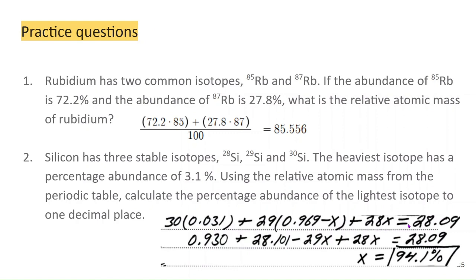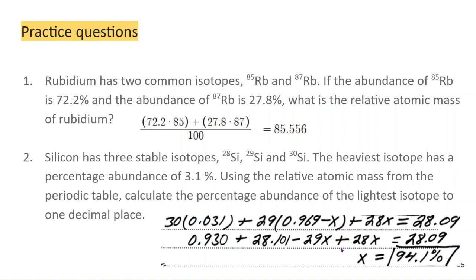And then the abundance of this other isotope will be the leftover abundance, which is 96.9, that's just 100 minus this, but in decimal form, minus whatever our abundance is from silicon-28. So you can do a bit of algebra and solve for x.